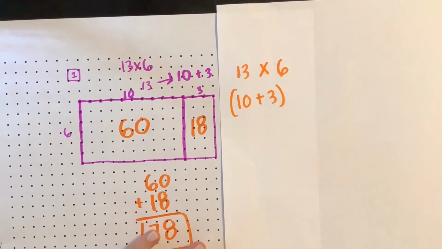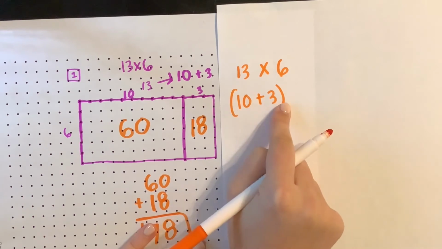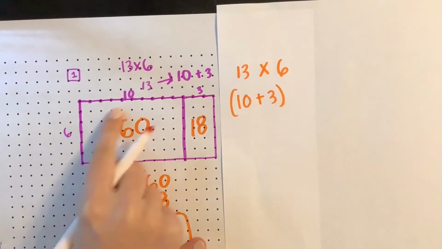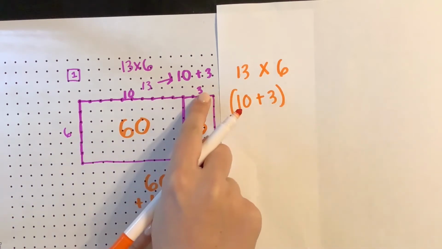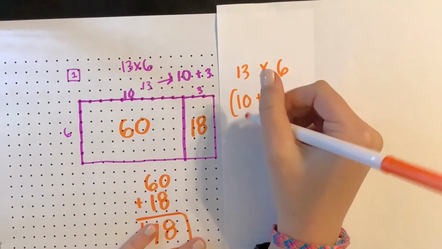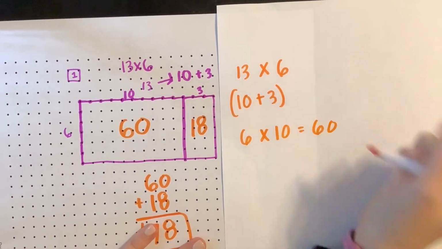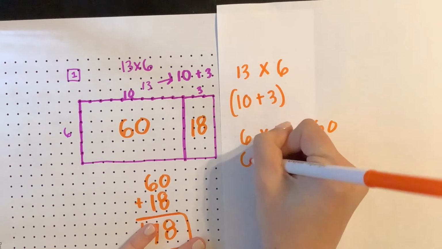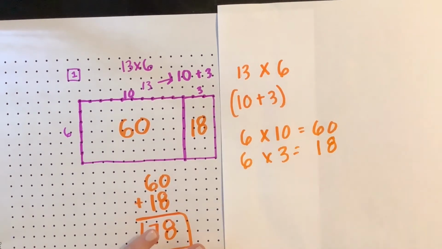So we knew that we needed to multiply 6 by both of those pieces. So we needed to multiply 6 times this 10 to see how many were in this box, and the 6 times the 3 to see how many were in this box. So we did 6 times 10 equals 60, and then we did 6 times 3 equals 18.